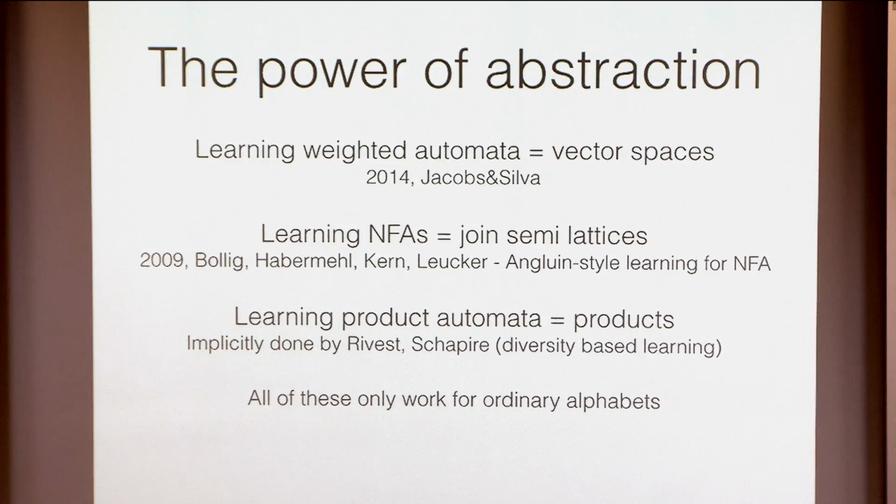You can also do an improvement on L star that is known as the Rivest and Schapire algorithm by learning something called product automata. But in all of these things that were out there, including our own perspective, we were assuming the alphabet to be finite.